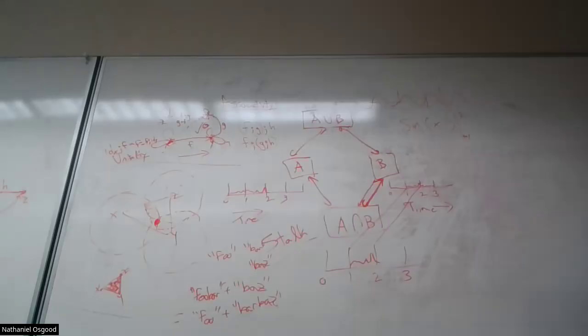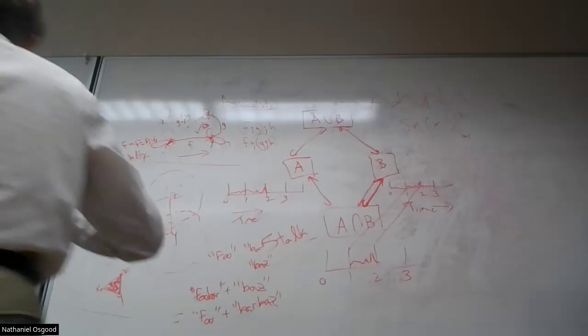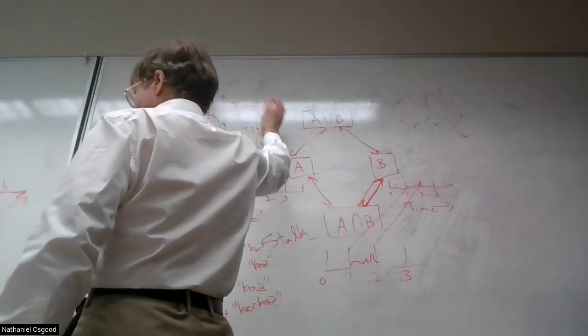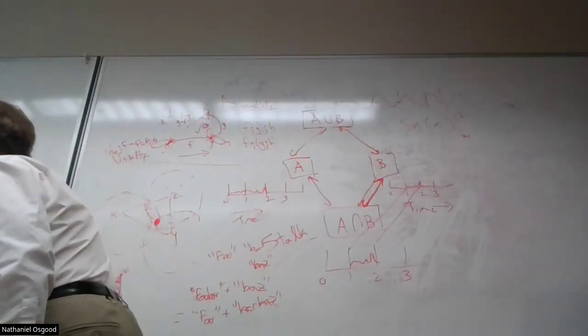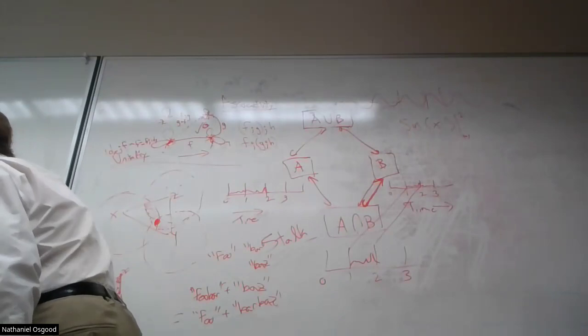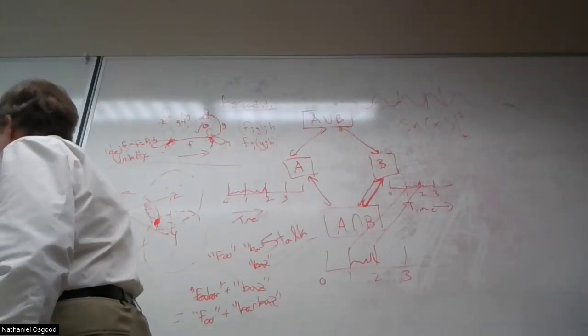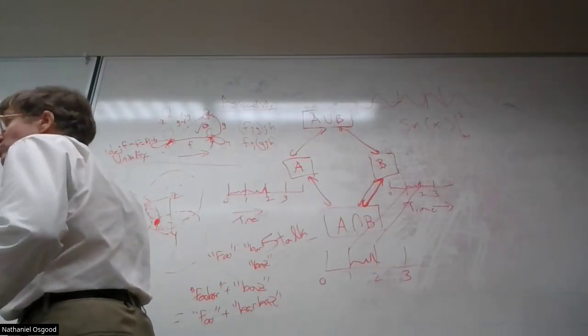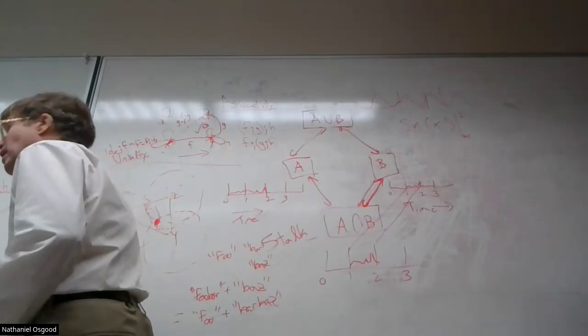It's asking if you take the composition of this and then H, is that the same as first doing this and then composing? I mean, this does capture the essence. This is a commuting dot.